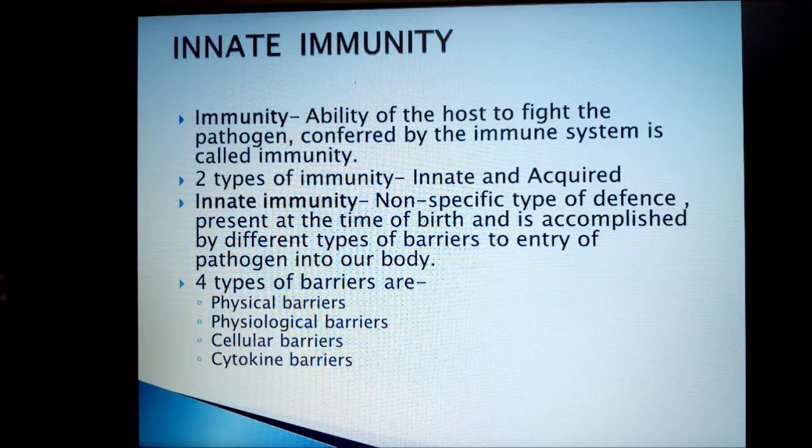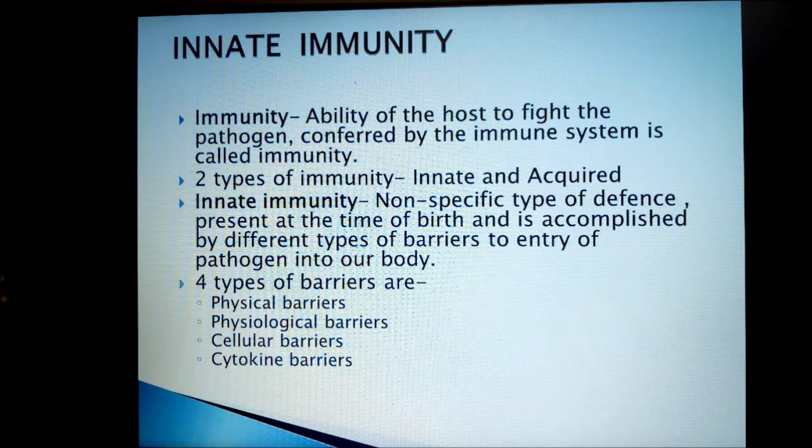The next barrier is physiological barriers. Acid in the stomach, saliva in the mouth and tears from the eyes prevent growth of microorganisms. So they are the physiological barriers. The third type is cellular barriers.